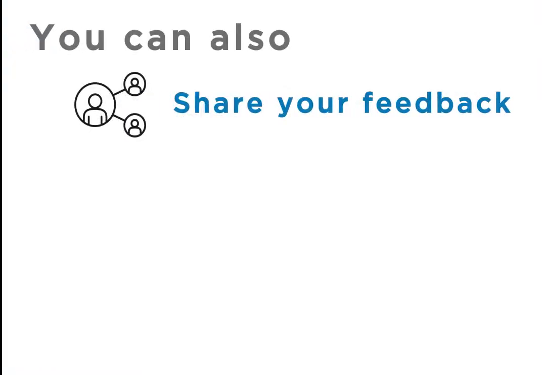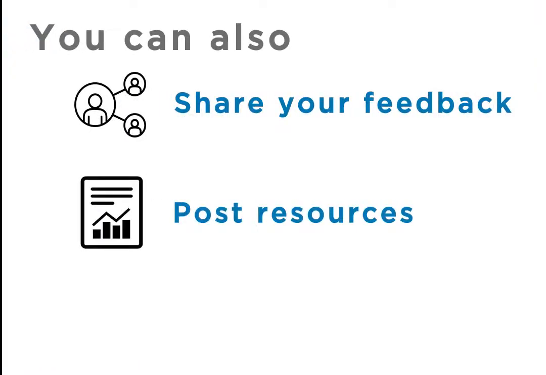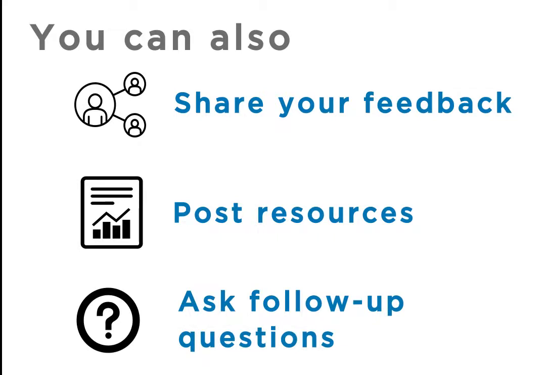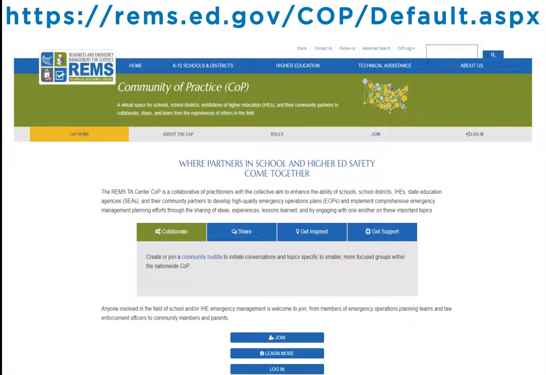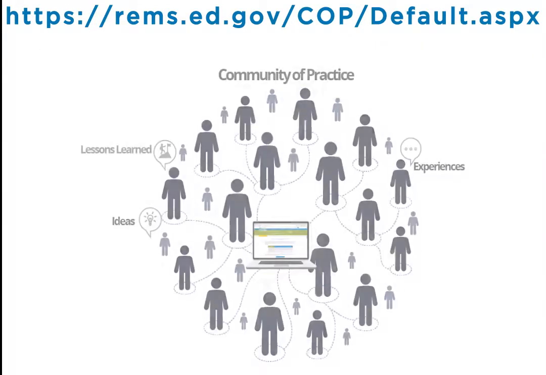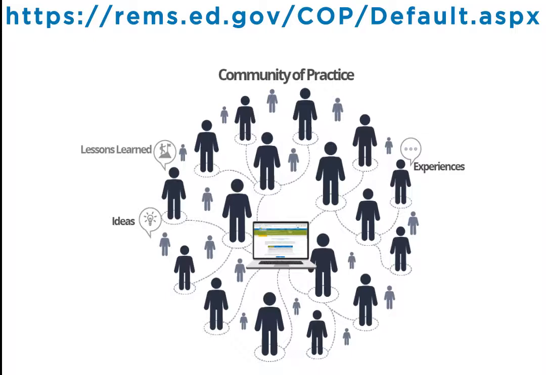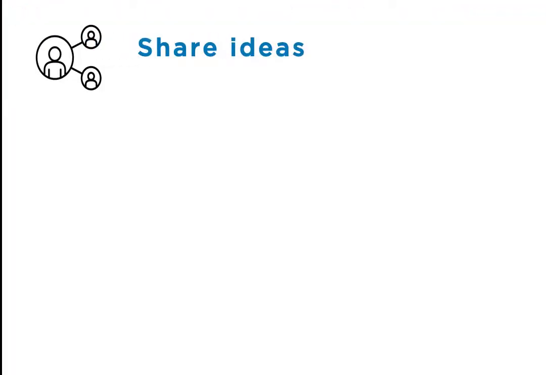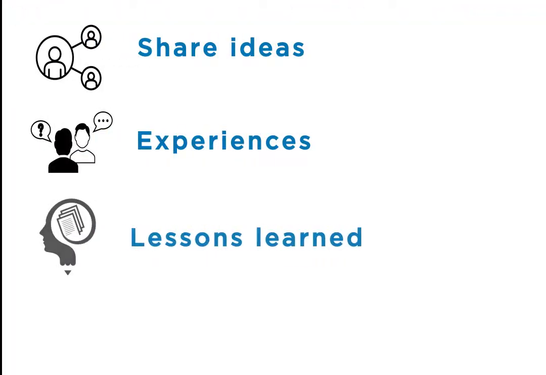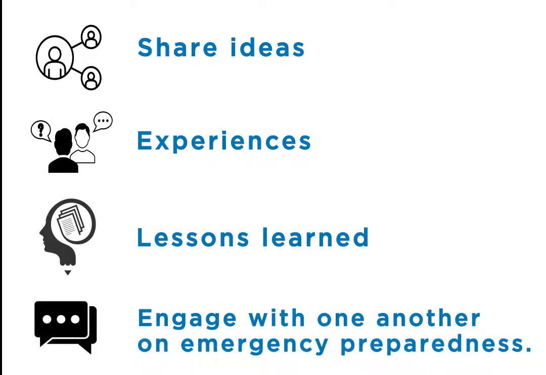You can also share your feedback, post resources, and ask follow-up questions about the earthquake preparedness training by request in a forum on the REMS TA Center's Community of Practice, or COP. The COP is a collaborative effort of practitioners to share ideas, experiences, and lessons learned, and engage with one another on emergency preparedness.